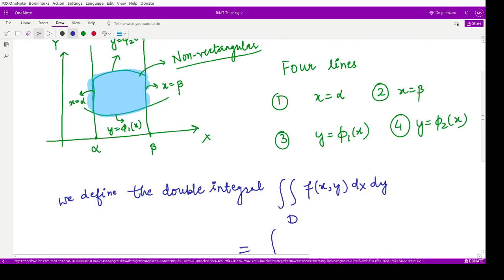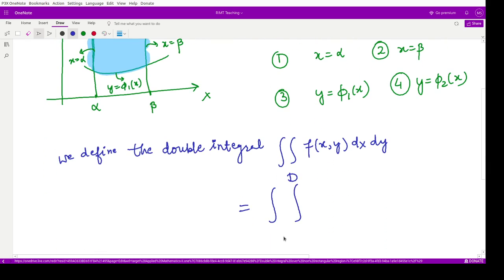In the previous lecture you saw that we could write either the x limits first or the y limits first, because your limits were constant in the previous cases. So it didn't matter whether you wrote the limit of x first or y first. But in this case, it will definitely matter which limits come before the other.